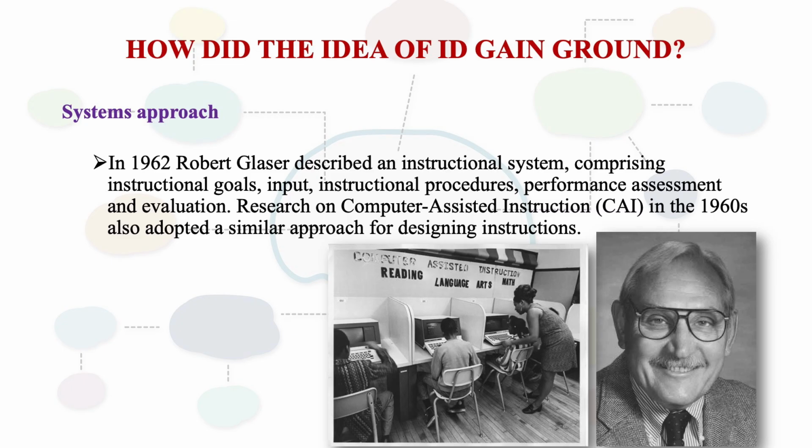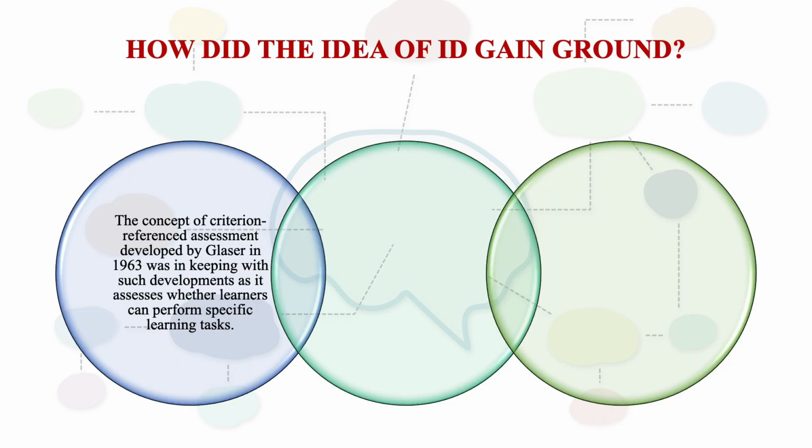There were also researches on computer-assisted instructions during this phase, and in the 1960s, computer-assisted instructions too followed the path of instructional design. The concept of criterion referenced assessment developed by Glaser in 1963 was in keeping with such developments.